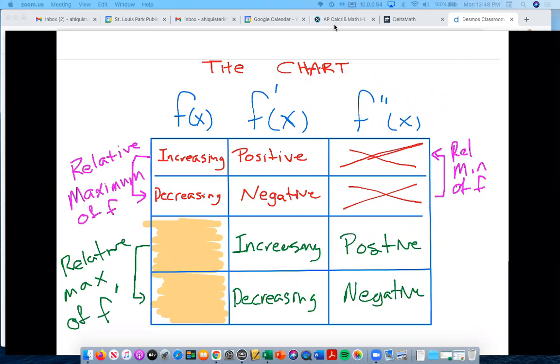For the same reason, going from the first line to the second line, there's a relative maximum of F. Going from the third line to the fourth line, that would be a relative maximum of F prime. And going from that line to that line, this is a relative minimum of F prime. Okay.